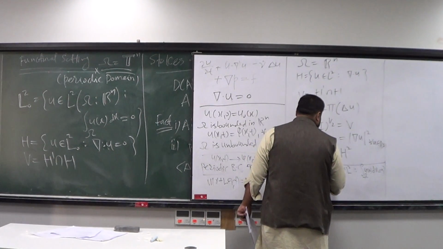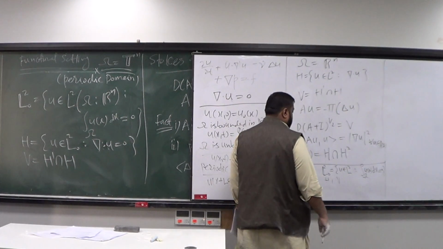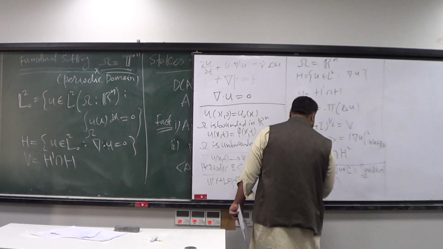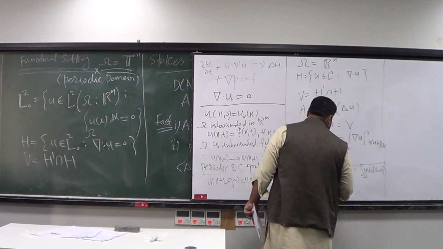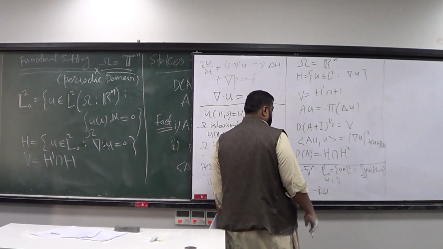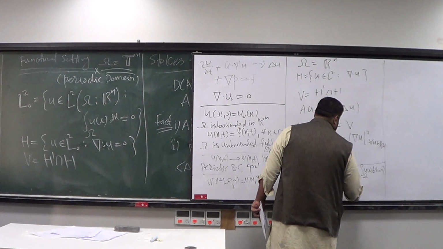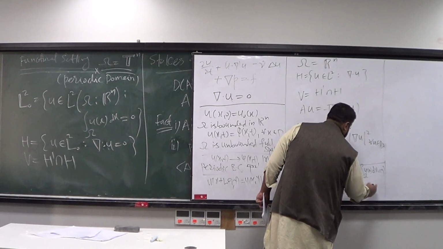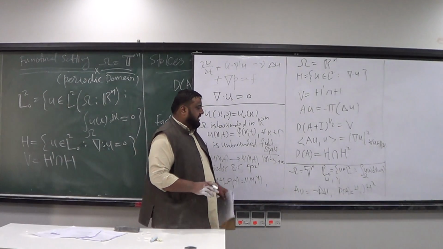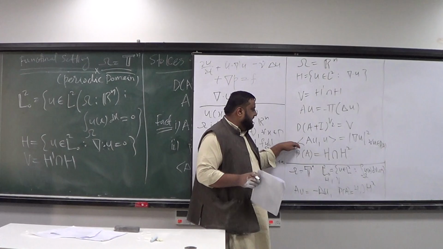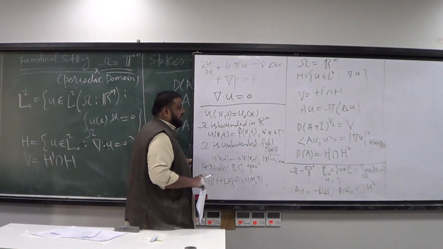Using this we define H, and then we define V in a similar manner, and the Stokes operator in this situation is minus Laplace u, and the domain of the Stokes operator is H intersection H2. These are some of the key facts. This identity is also valid in the periodic domain case.